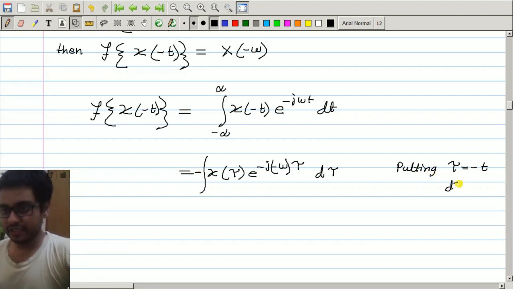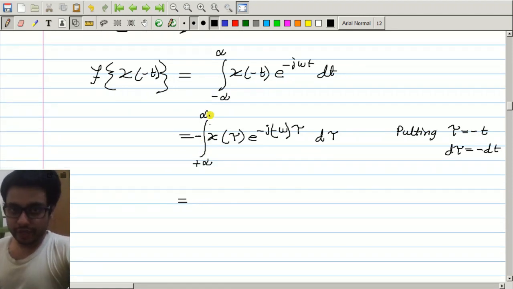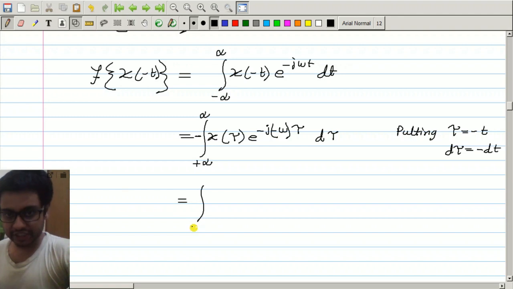Okay, so d tau is same as minus dt, and the range of integration will change. It will become plus infinity to minus infinity. Now again you can swap the limits of integration with the help of this minus sign. So that will become plus the integral from minus infinity to plus infinity of x(tau) e to the power minus j minus omega tau d tau.